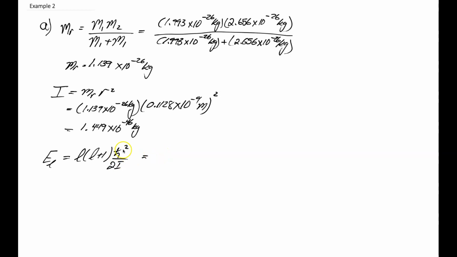I'm going to put the h bar squared over 2I in the front when I plug in the values: 1.055 times 10 to the minus 34 joule seconds quantity squared over 2 times I, which we just found as 1.449 times 10 to the negative 46 kilogram meter squared.